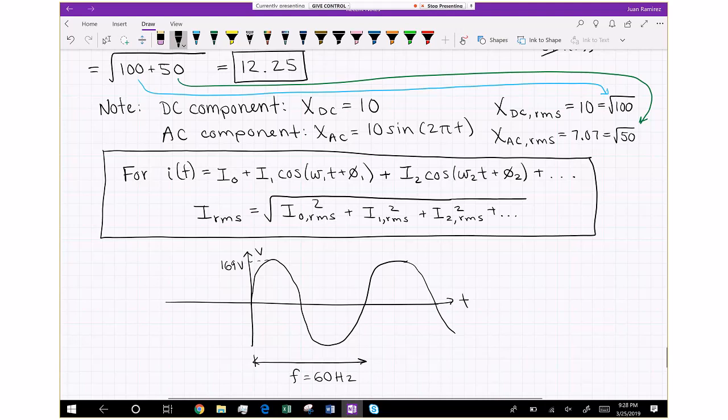It'll have different harmonic content, or different harmonics. Typically you have third harmonics, fifth harmonics. The first harmonic is the fundamental frequency. That's 60 hertz. But you're also going to have undesired third harmonics, which will be 60 hertz times 3.